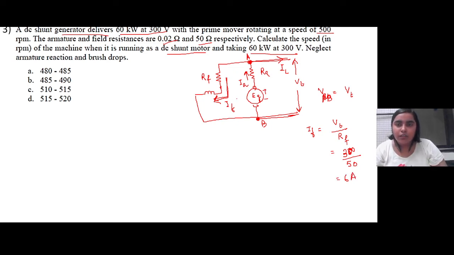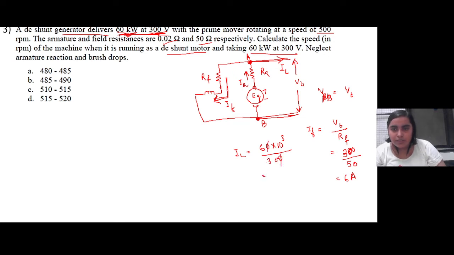Now what is the load current? We can calculate it, since we have the rated load, which is given as 60 kilowatt in the question. The rated load and the terminal voltage are given, so the load current is the rated power, 60 into 10 cube since it is in kilowatt, by 300.